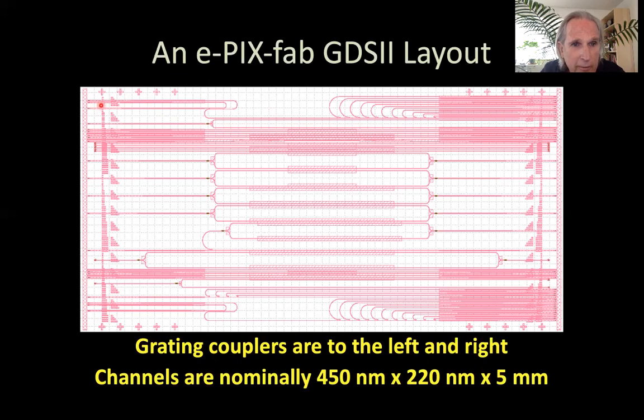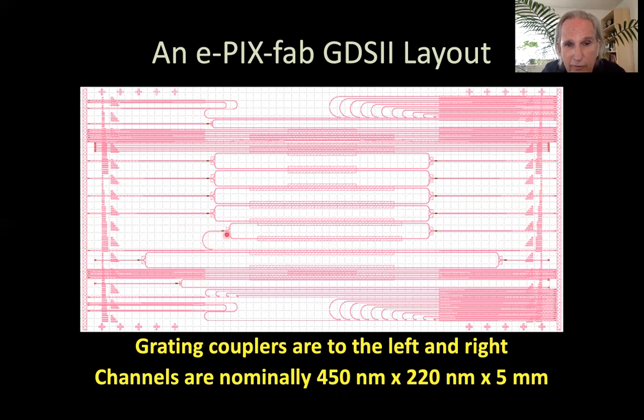There are grating couplers on here at this end that you put light into to couple into the waveguides. There are grating couplers at the output. The waveguides in here, the channels that are along here, are 450 nanometers wide. They are etch steps that are 220 nanometers. That's the red. The white is the silicon oxide.